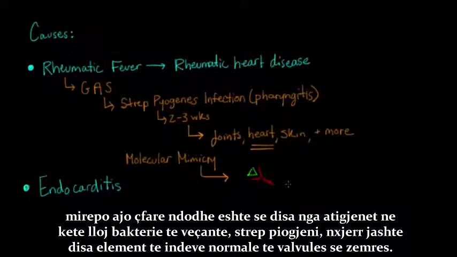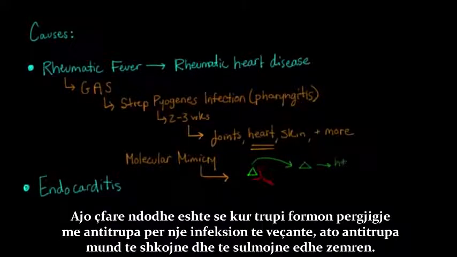But what happens is some of the antigens that this particular type of bug, Strep pyogenes, puts out are actually very similar to some of the normal antigens or components of the tissue of the heart valves. And so what can happen is when you actually form an antibody response to the particular infection, those antibodies can actually go ahead and attack the heart.